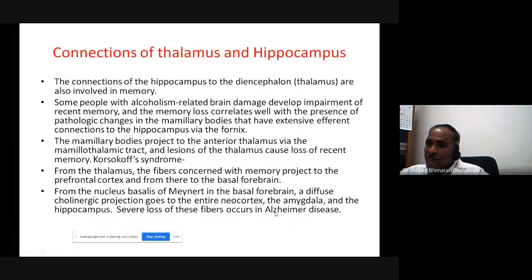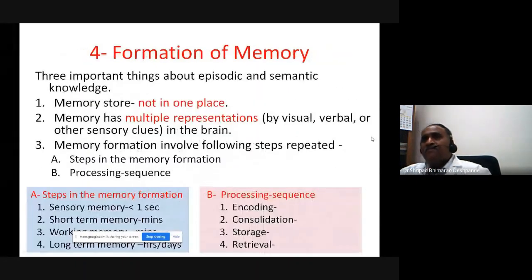So I gave you a brief idea of two conditions: anterograde amnesia, which happens in Korsakoff syndrome with lesions of the mammillothalamic tract, and lesions of the nucleus basalis of Meynert, or circle of Meynert. We have the loss of short-term memory because the neocortex and the amygdala and hippocampus are not connected. That is Alzheimer's disease. Then, how is memory formed?